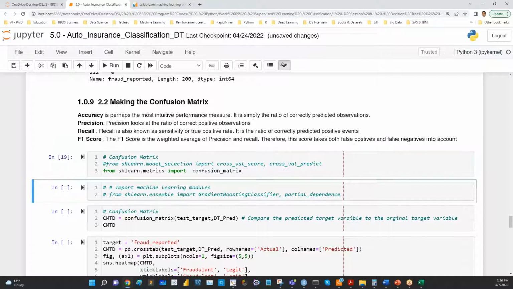And confusion matrix is simply a cross table that compares the actuals with the column that we hide. It's called the actual target variable, and the column that was generated by the model is called the predict target variable. So we are going to compare the reality to the prediction.